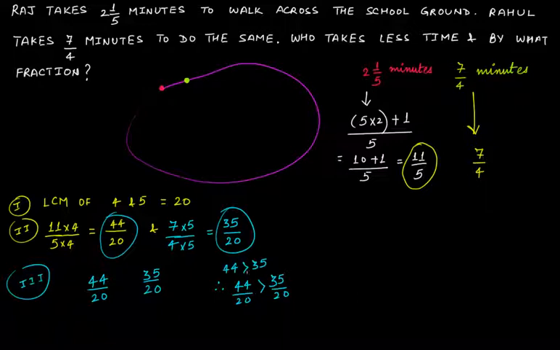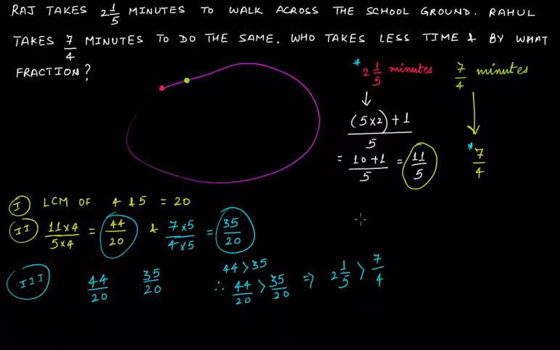So clearly, if 44 over 20 is greater than 35 over 20, then we can say that 2 1 over 5, that is this one, is greater than this one, that is 7 over 4.